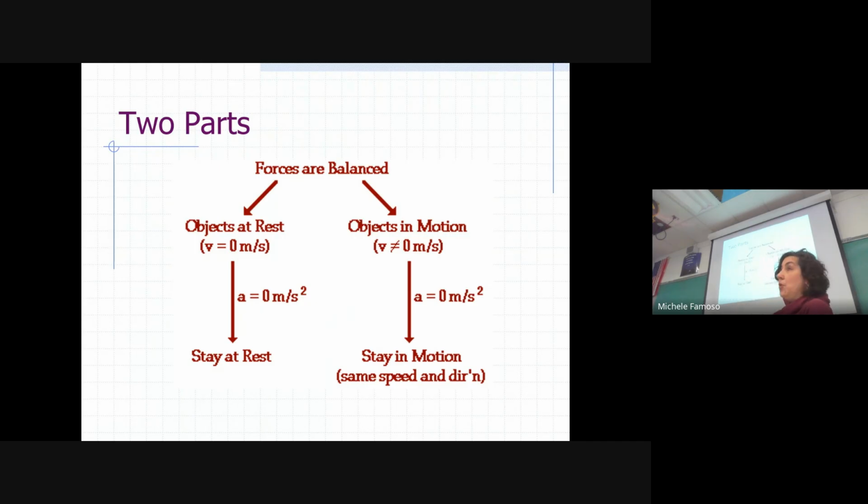If we are moving, that means your speed is not 0 meters per second. Your speed is going to remain whatever that non-zero value is, and your direction is not going to change. So if I'm in my car driving, this is the situation where my steering wheel is not changing direction and I'm on cruise control. That's the only situation.